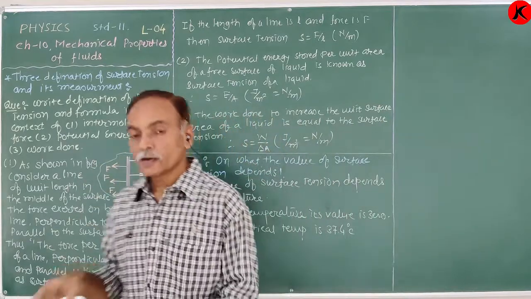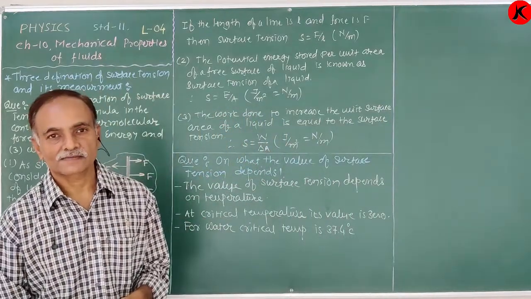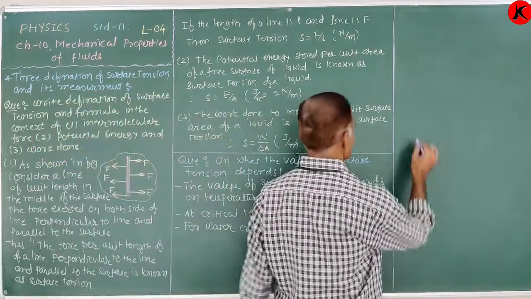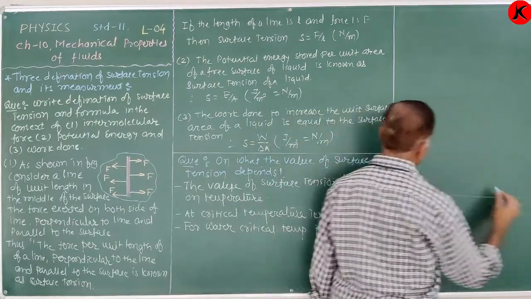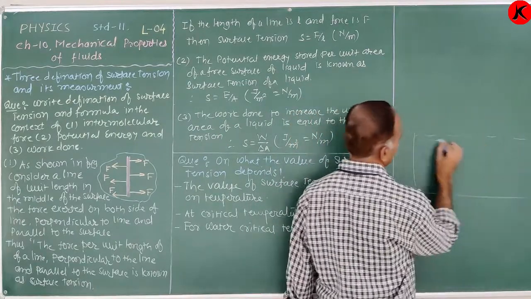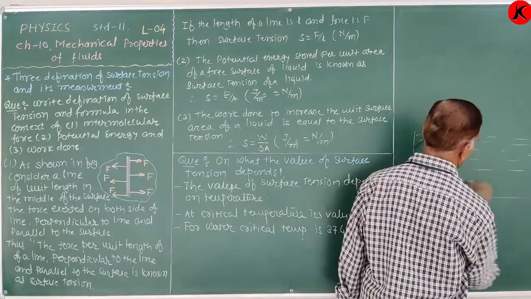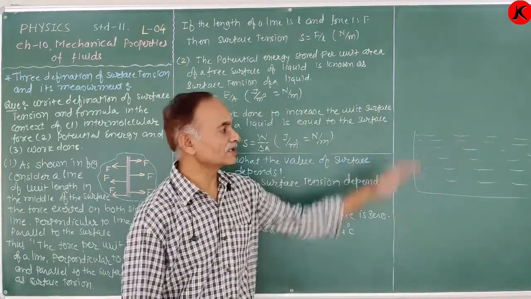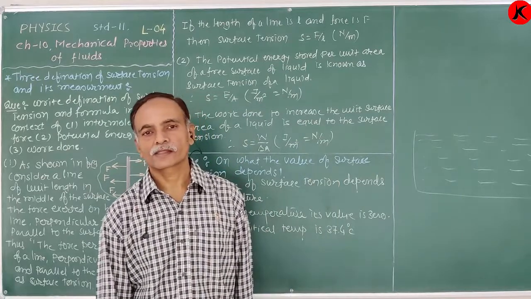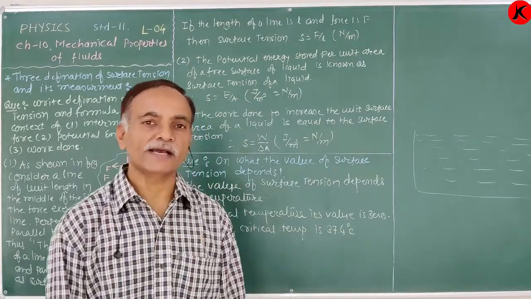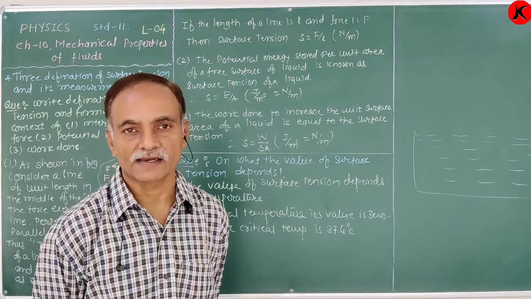Now, first thing, what is the surface? Suppose the liquid is filled in a container. So there is the top surface. Inside this, the molecules of the fluid are present below this surface. Each and every fluid is made up of a number of fluid particles.